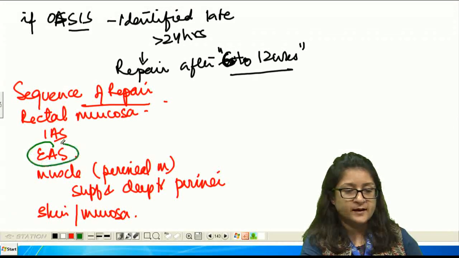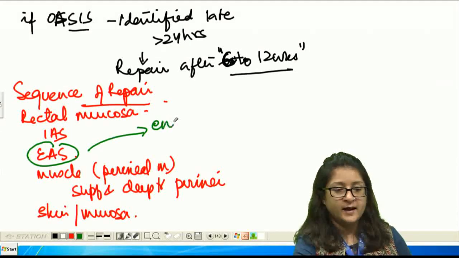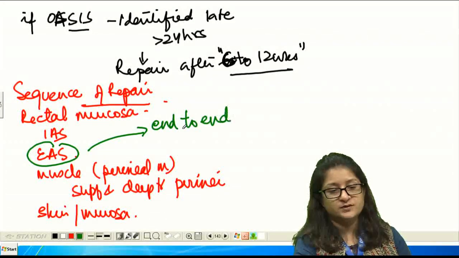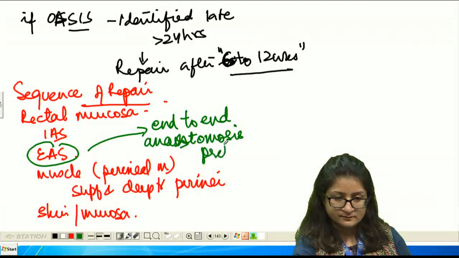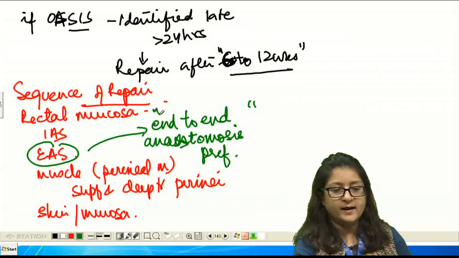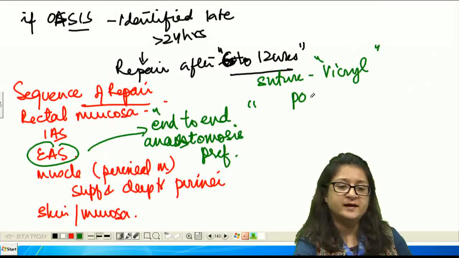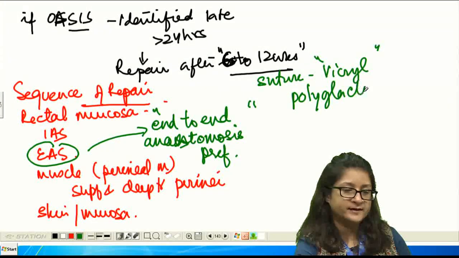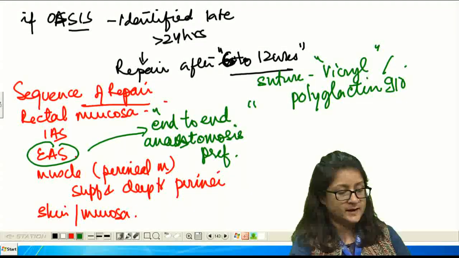Importantly, for the external anal sphincter, two techniques are there, end-to-end and overlapping. End-to-end anastomosis is the preferred technique. The suture that is used is Vicryl, the trade name, which is polyglactin 910.